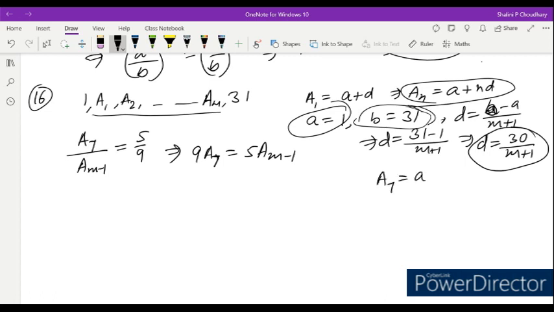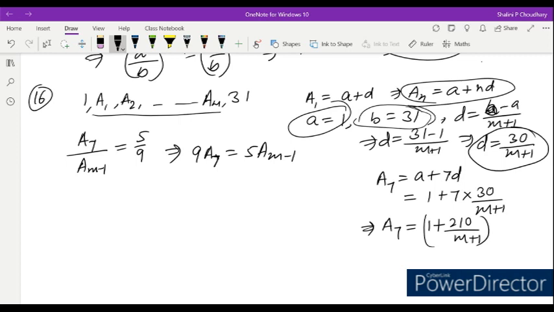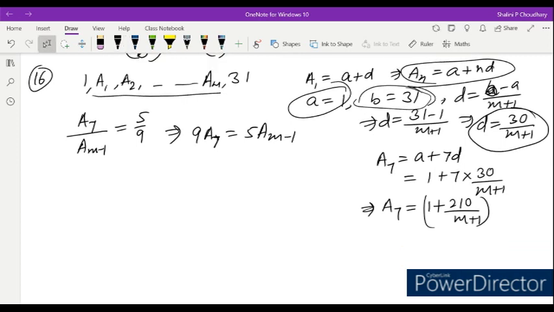a7 will be a plus 7d. Okay, so a is 1 and 7 into d. The value of d is 30 upon m plus 1. It means a7 will be equal to 1 plus 210 upon m plus 1. Now we'll find out the value of a(m minus 1).